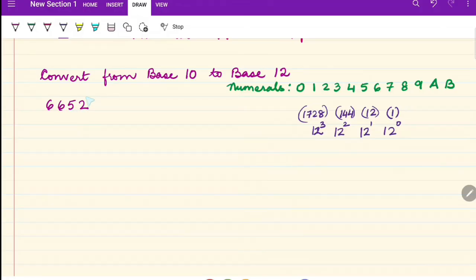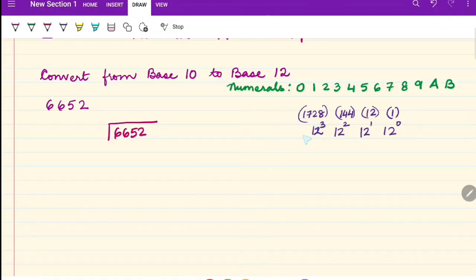So 6,652 is the number we have to convert. I'm going to write that down. 6,652, and I have to start by dividing it with one of the values which is closest to this number without going over. So 1,728 is the place value which is closest to this number without going over.